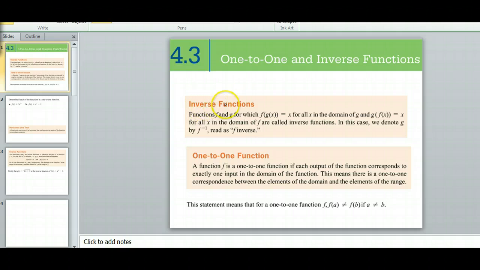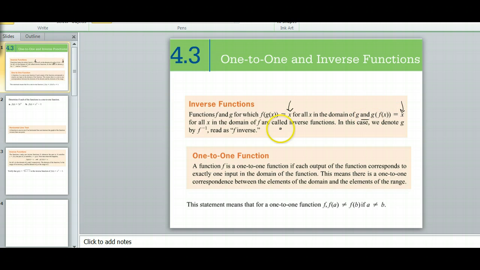So an inverse function: these two functions, f and g, are inverses if we compose them together, meaning we put the g function inside the f function and we get out x, and we put the f into the g function, meaning we reverse it, and we also get out x.